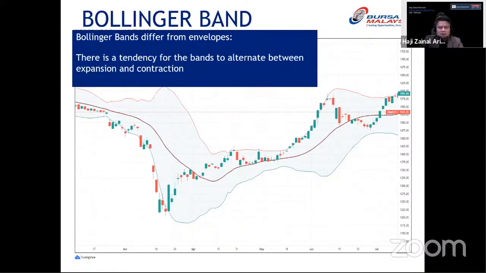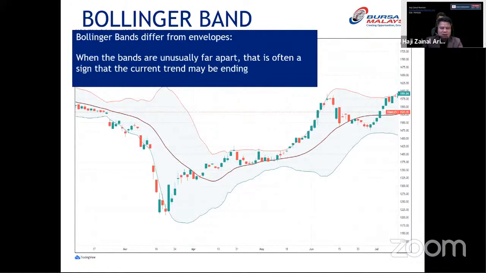There is a tendency for the bands to alternate between expansion and contraction, and when the bands are far apart, that is often a sign that the current trend may be ending. What does it mean? It means that if the bands expand too much, the trend is going to be over.